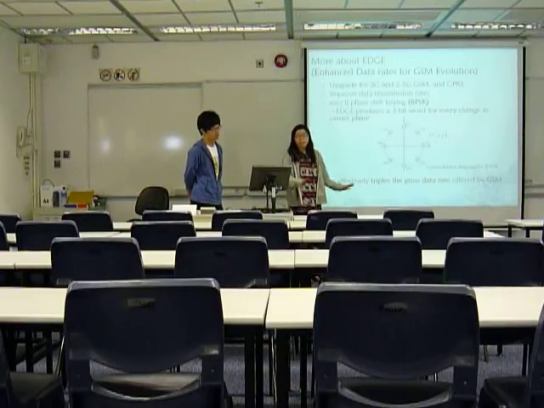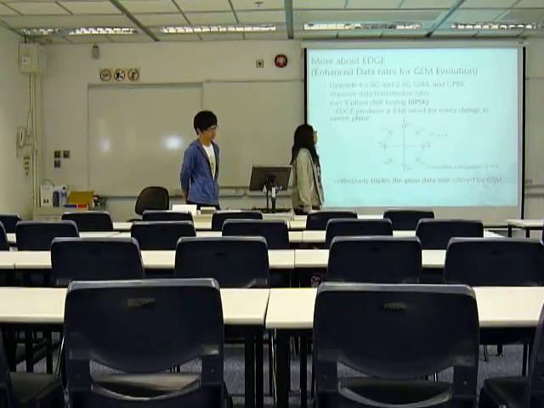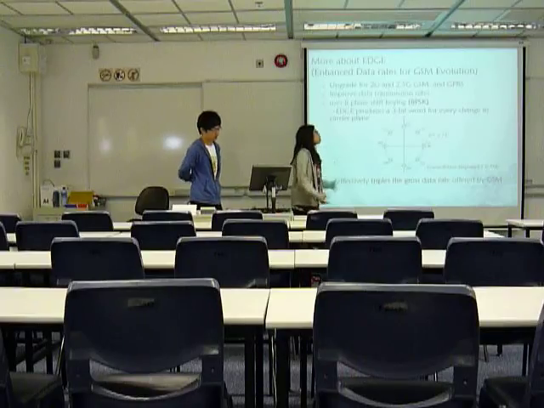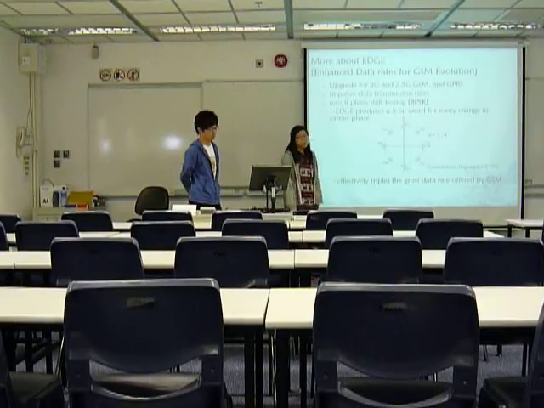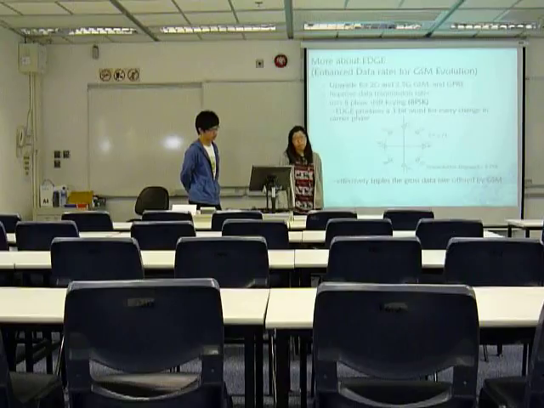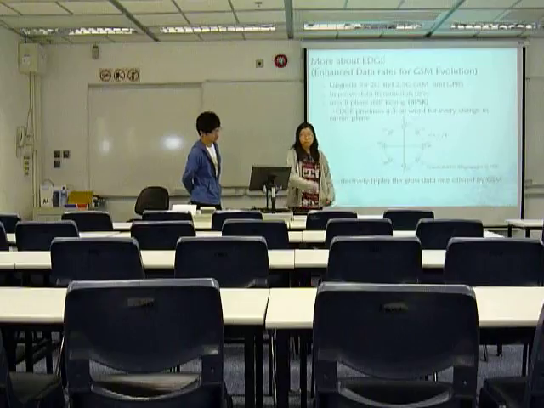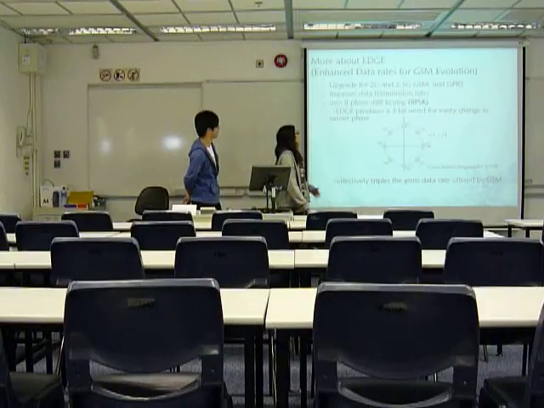For every change in phase, EDGE will use a phase symbol to represent each change in phase. So it can effectively triple the data transmission rate compared to the phase shifting concept we have discussed before in the lecture notes.